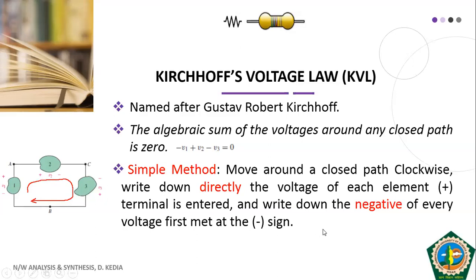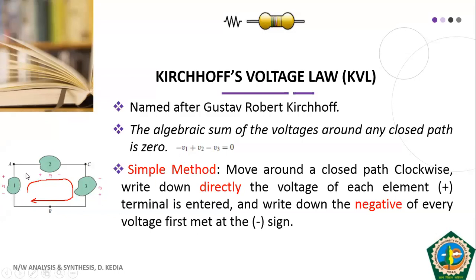Take care of this point: wherever you start from, if you enter an element through its positive terminal, you take that voltage as positive, and if you enter an element from its negative terminal, you write that voltage as negative. If we start from element 1, look at the mouse, we are entering from the negative side, so this voltage is taken as minus V1.